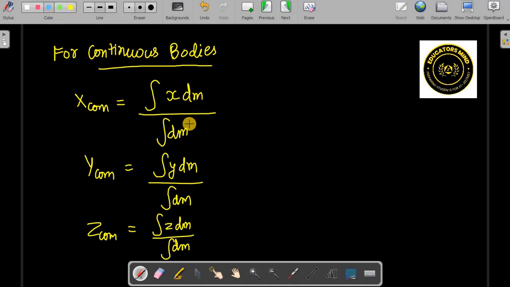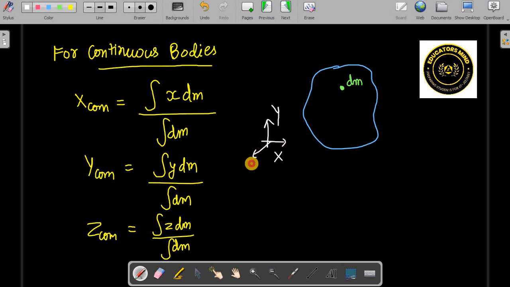So what is x, y, z here? Suppose this is a body, any body is there, and you take an elemental mass. This is a very small mass dm, because the body is continuous. So you take a small mass dm on the body. Now with respect to the given coordinate system, some coordinate system will be there, x, y, z. It will have some coordinates x, y, z.